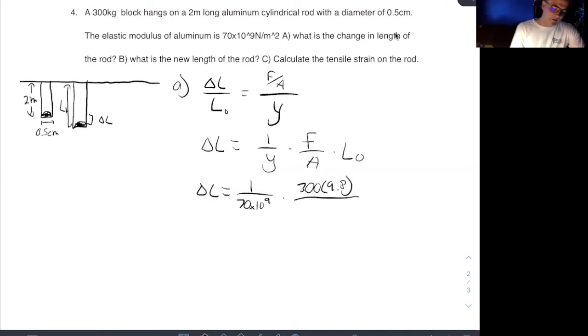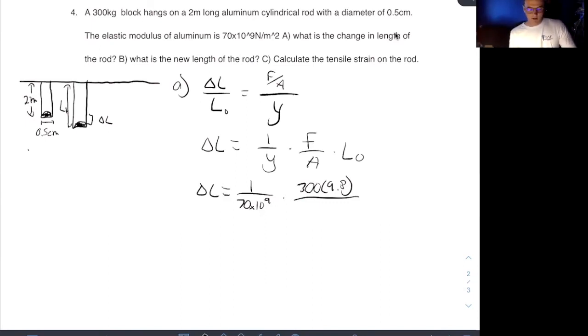And the area of this cylinder, or at least the area of this face of the cylinder. It has a diameter of 0.5 centimeters, so we know it has a radius of 0.25 centimeters. If we convert that to meters, that's 0.0025 meters.